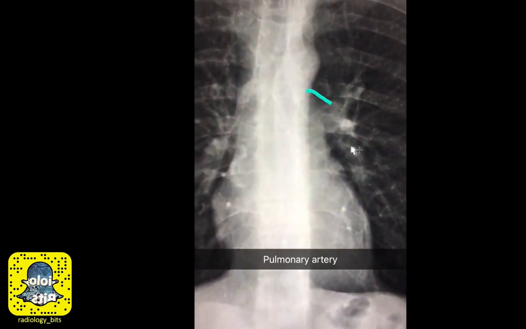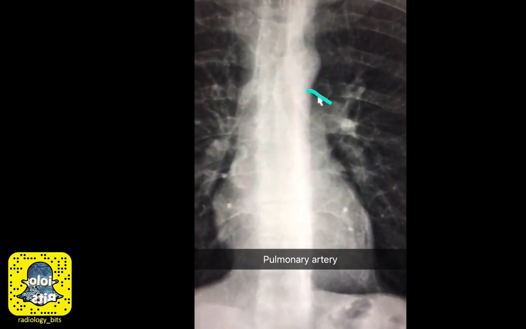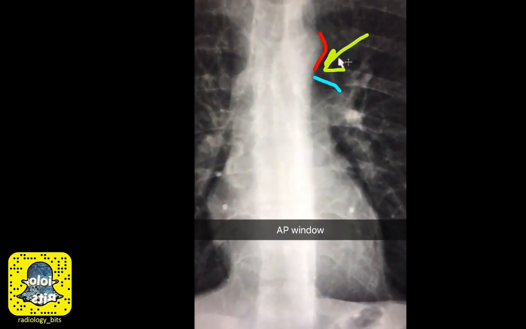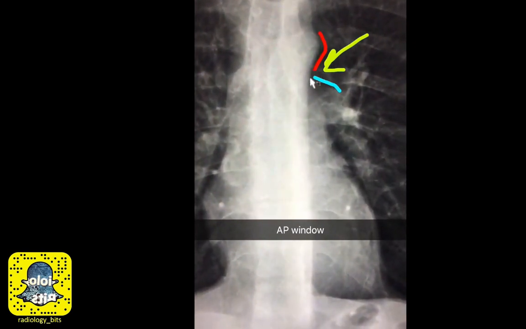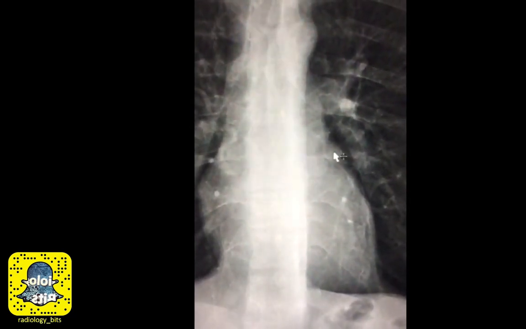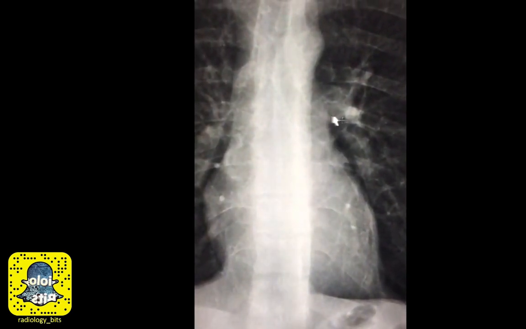Next, you see the hilum. To be more specific, this border here is the border of the pulmonary artery. That's why this dip here, the space here, is called the aortopulmonary window. If you go lower down, immediately below the hilum, you're supposed to have the left atrial appendage living there, but there's a catch here.